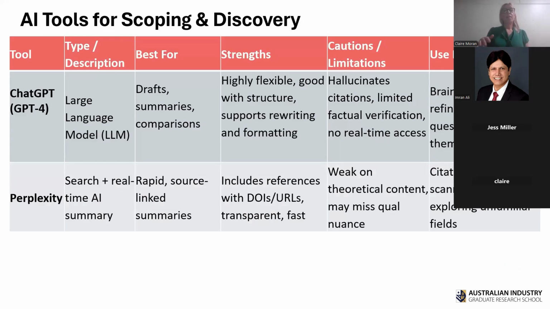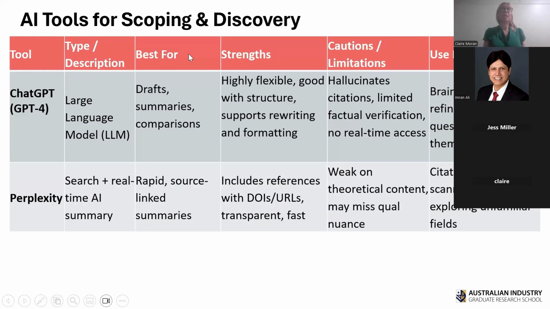So first of all, we have our ChatGPT, which is our large language model. So what is this good for? Great for things like summaries and comparisons, highly flexible, great with structure and supporting writing and formatting. What are some of the problems with it?